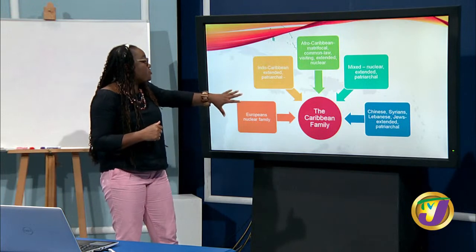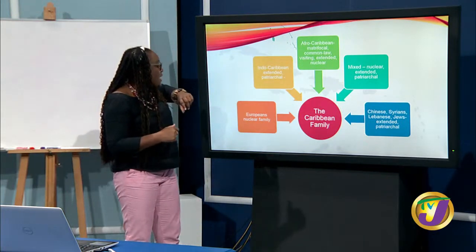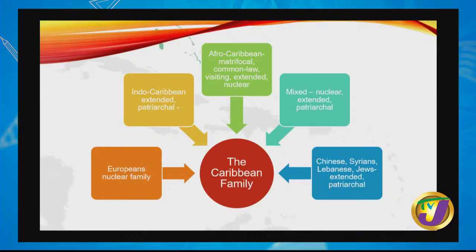And so we end up with this chart right here, right? So we have the Caribbean family in the center, and we are looking at Europeans, and this is what we get from the Europeans, the nuclear family. We have Indo-Caribbean, which brought to us the extended family system and what we also call joint households and a patriarchal kind of system.